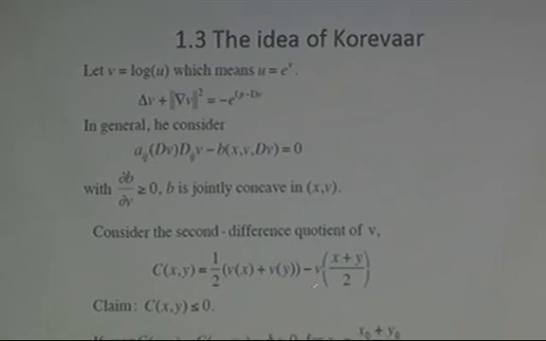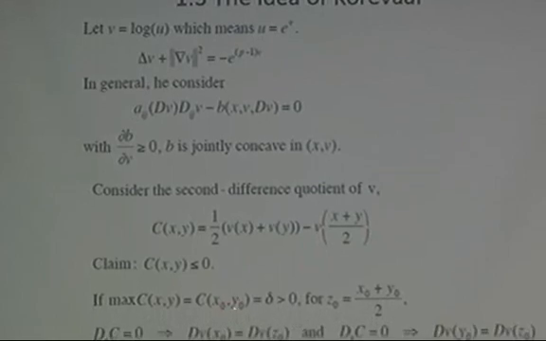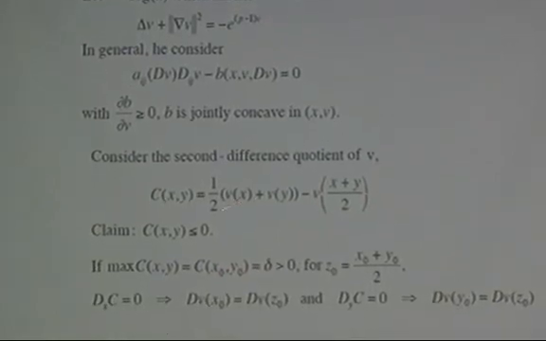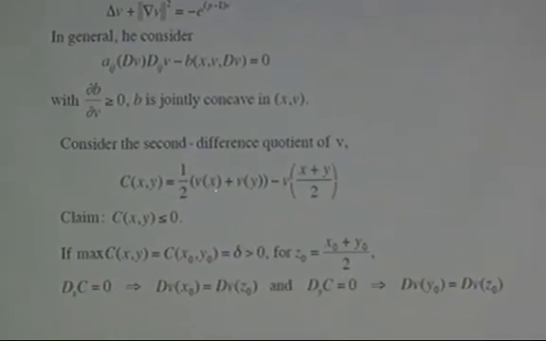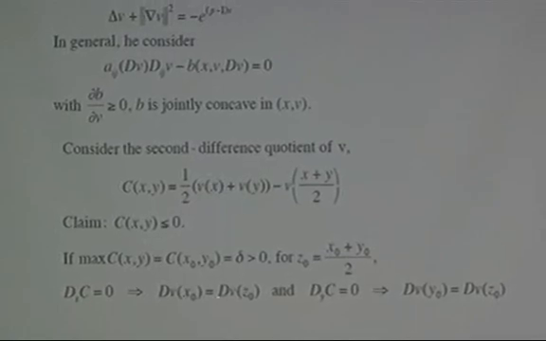So let's say you have a maximum of this value at some point, then the gradient will be 0. So if you take a differential in the x direction, then at this point it will be 0. So you have this equality. And if you take a differential in y, then you don't have this term, so you have a differential of this one, and then you have this one.